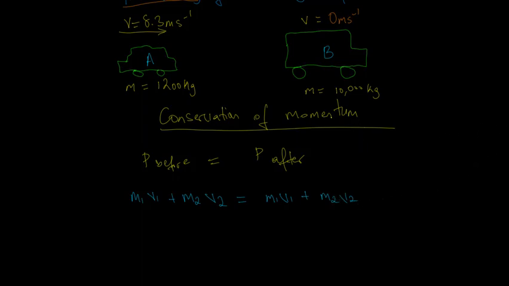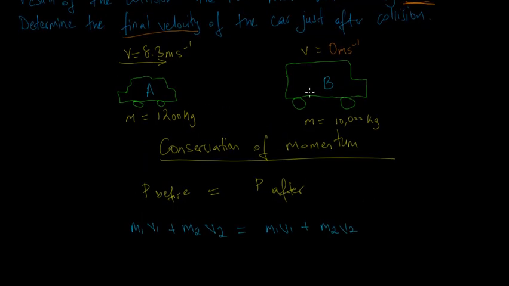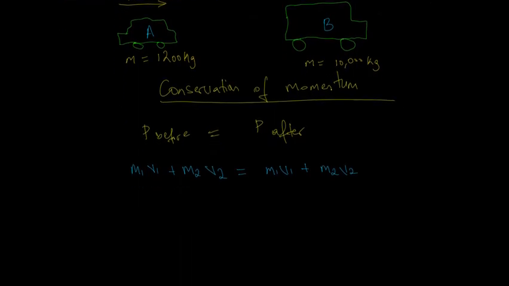So let's look back at the question now. We have two objects, a car moving with velocity 8.3 meters per second and mass 1200 kilograms, and it collides with a stationary truck of mass 10,000 kilograms. Let's fill in some values right now. Let's consider mass 1 to be the mass of the car.